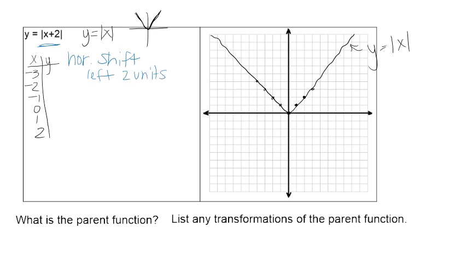I can take all of these points on my graph and shift over 1, 2 units, over 1, 2 units, over 1, 2 units, moving all of my points 2 units to the left. I'm going to sketch this as best as I can. Not perfect, but we'll go with it. So this would be the graph of y equals the absolute value of x plus 2.